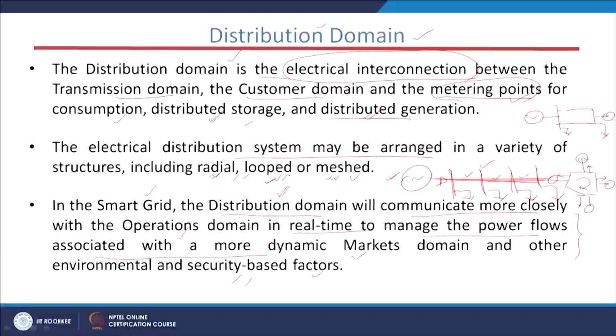See, I will just simplify this one, what is the meaning of this last part. It is like this, our distribution domain aims to communicate very closely with the operation domain. Why? Because I have discussed in the previous lecture, the operation domain is a very large domain.